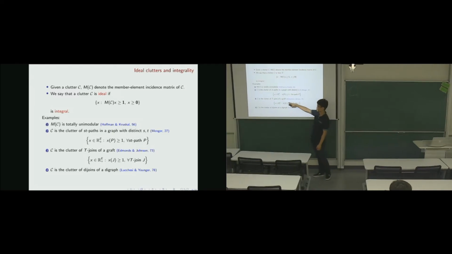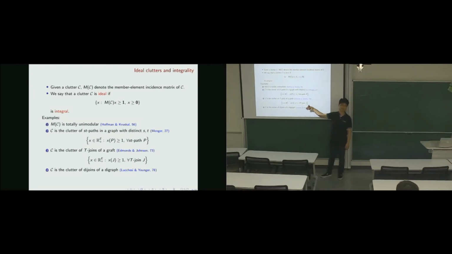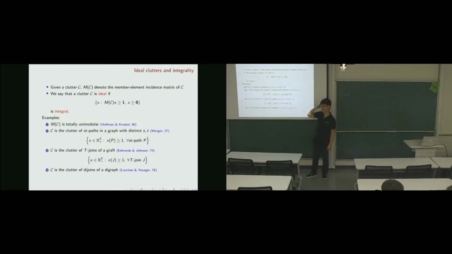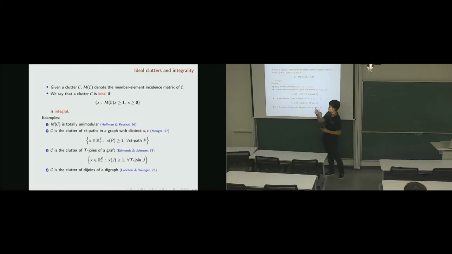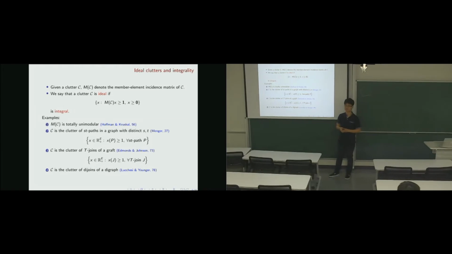T-joins are important in the traveling salesman problem. When your graph has an Eulerian tour, that will give you a cycle containing all vertices. But if it has some odd degree vertices, then you can fix the odd degree vertices in your graph, and to do that, you need what I call T-joins.